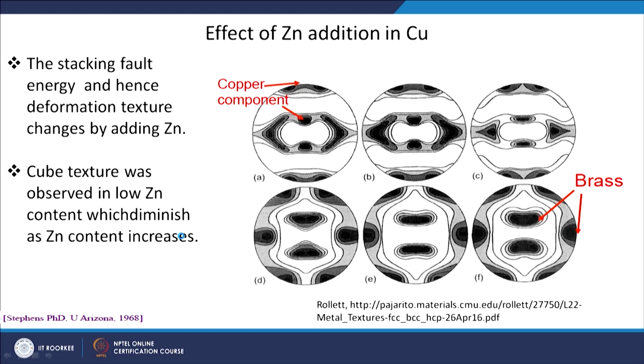Now, the effect of an alloying element on any texture component is shown here. For example, this is deformed copper, and initially you have copper components, which we have already seen in the previous slide.